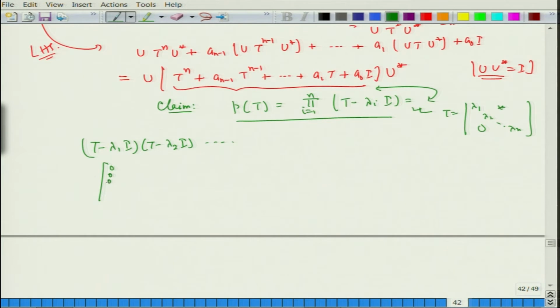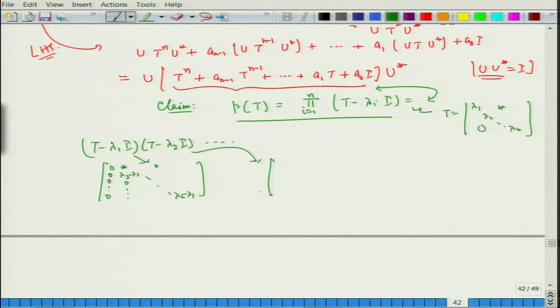The first column is 0, all right. Second column, if I look at, it is a star here, lambda 2 minus lambda 1, 0 here, and there are some things here. So this is lambda n minus lambda 1. This is the matrix. What is this matrix?